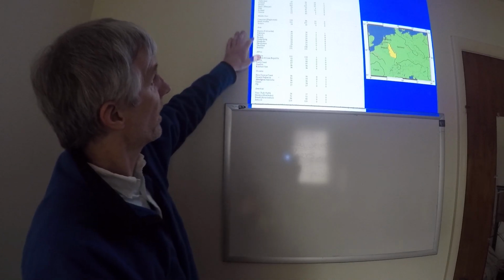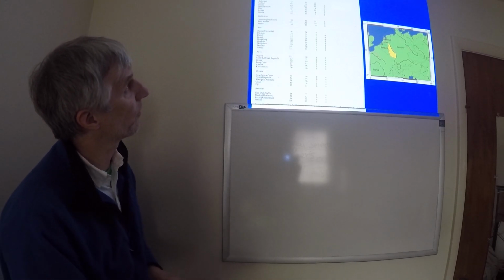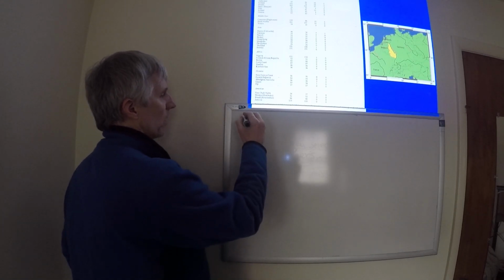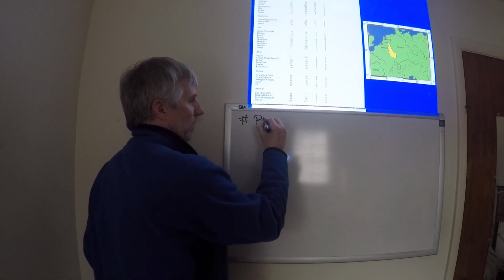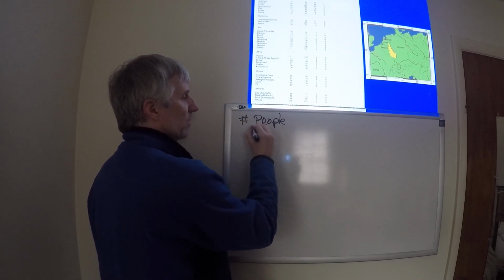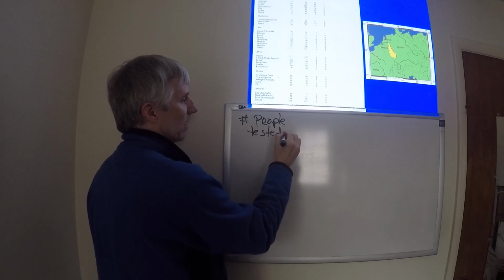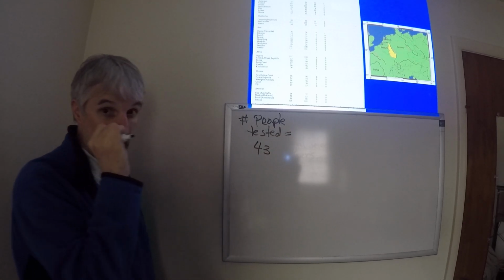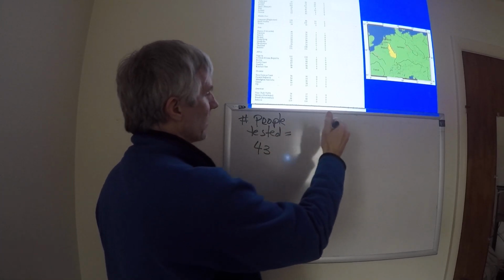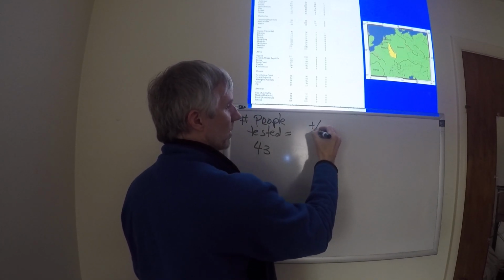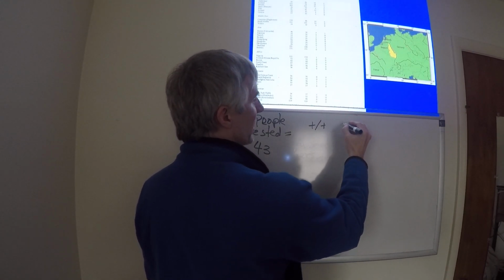So let's start here with the Ashkenazi European population. Number of people tested equals 43. And of those people, there were 3 genotypes.